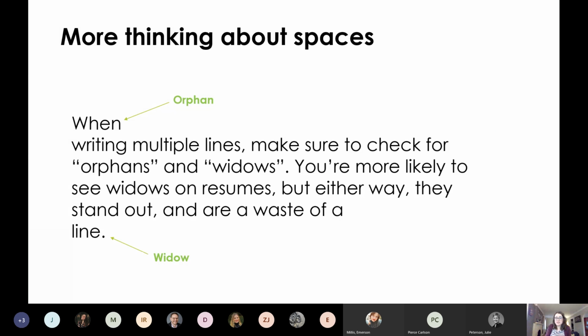The other thing that drives me crazy, if you ever come in and get your resume reviewed, is the single line widows down at the bottom. And this drives me crazy, one, because I took a lot of design classes, and once you see it, you can't unsee it. But it also drives me crazy because you have limited space to work with.